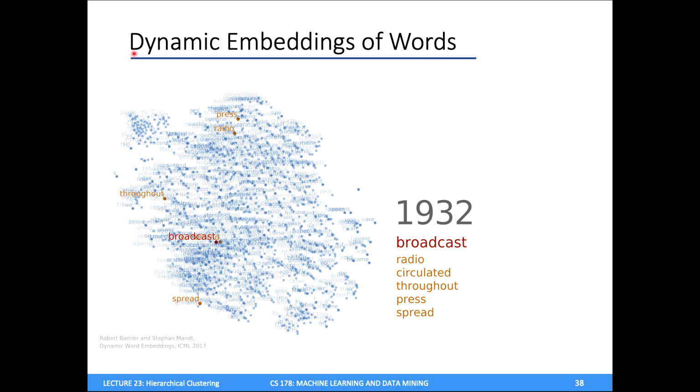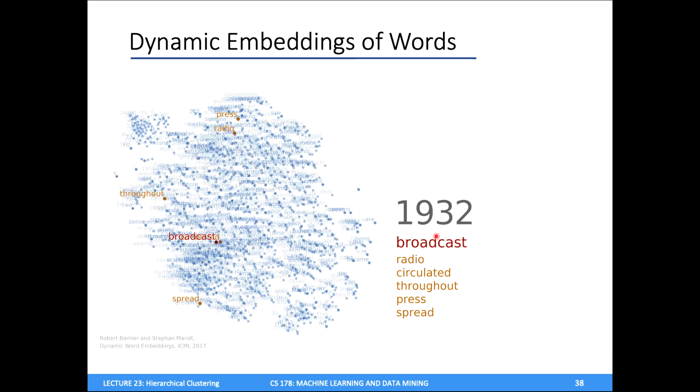Okay, another way that embeddings can be useful is that they can tell you how the semantics of, say, a word might change over time. So here what I've done is I've taken a bunch of words, and I've embedded them into a two-dimensional space. So for every word, I'm assigning it a vector with two dimensions.